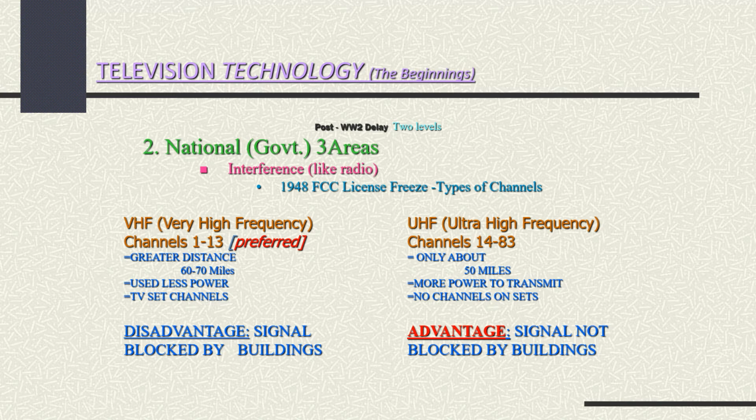What that meant was, if you were someone who was going to get a UHF license, the place you wanted to be was in the city, in very large cities, because now you have a large potential audience in a small area, and because your signal could go through buildings, your consumers were going to be able to get your signal much more clearly.